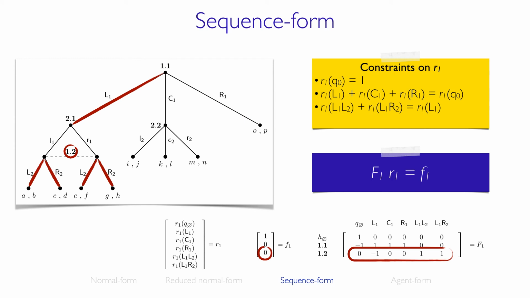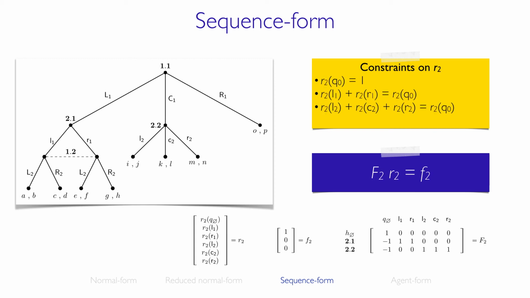Finally, information set 1.2 forces the probabilities of L1, L2, and L1, R2 to sum up to the probability of L1. These are the final constraints in matrix notation. You can do the same for player 2 constraints.